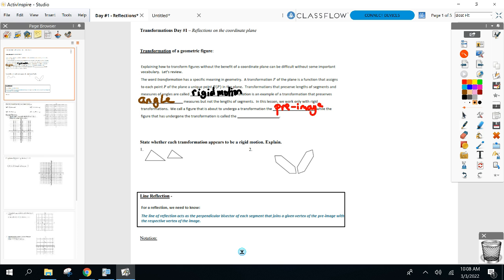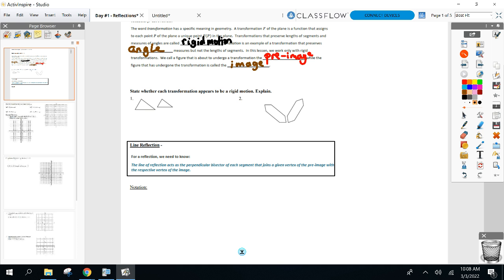We're going to do something to it: move it, turn it, flip it, blow it up, shrink it. The ending figure, we're going to call the image. So if you ever hear me say pre-image, that's what we start with, and then I'll ask you, okay, what's the image? What do we end up with? All good? All right, let's dive deep into this then.